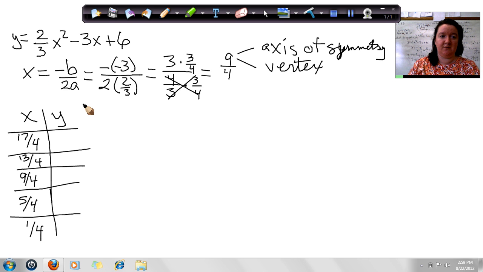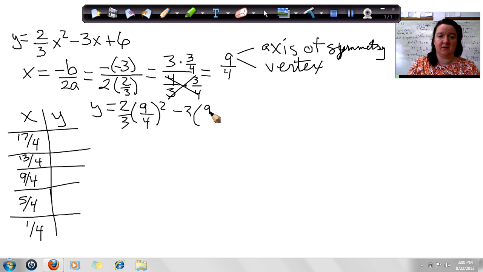So we have y equals 2/3 times 9 over 4 squared minus 3 times 9 over 4 plus 6. Now because of all the fractions in this, I'm simply going to type it into my calculator, and I'm going to ask you to do the same. Make sure that your answer matches with mine.